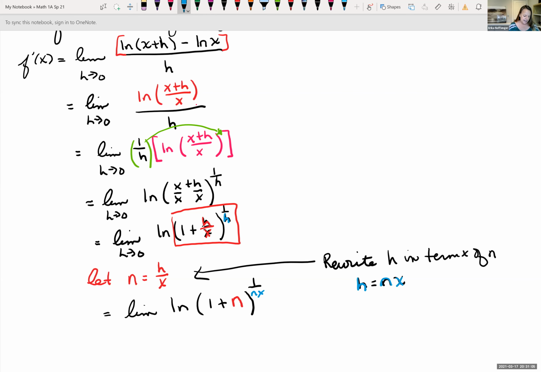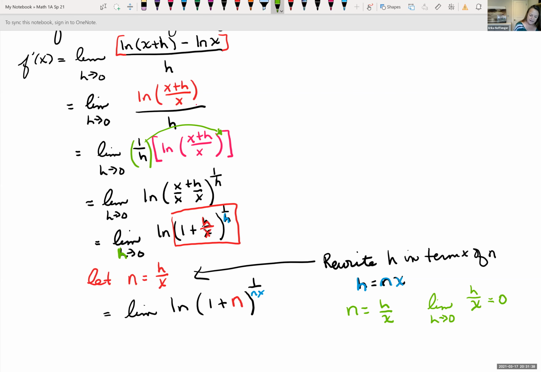The only other piece that has an h in here has to do with this limit. Well, if h goes to 0, what's going to happen to n? Remember n is equal to h over x. If I looked at the limit as h goes to 0 of h over x, notice that this is also 0.